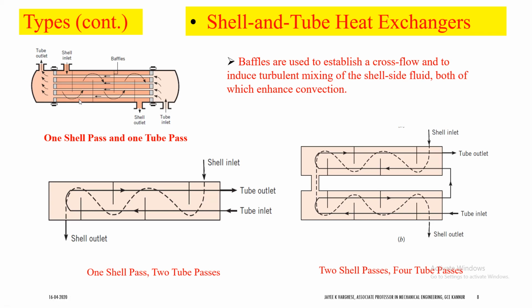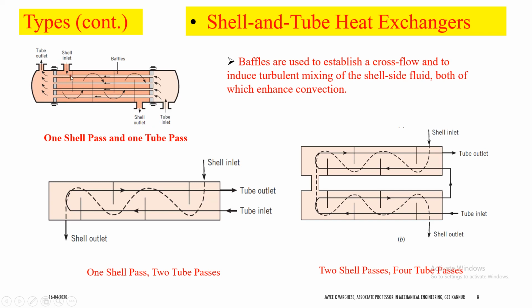So based on the number of passes shell fluid and tube fluid have, okay, I forgot one thing. The fluid which flows through the shell is called the shell fluid, and the fluid which flows through the tubes is called the tube fluid.